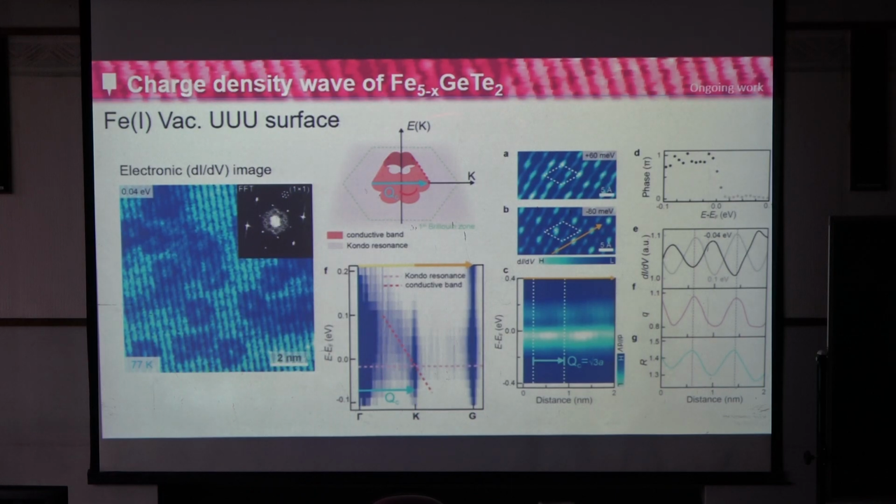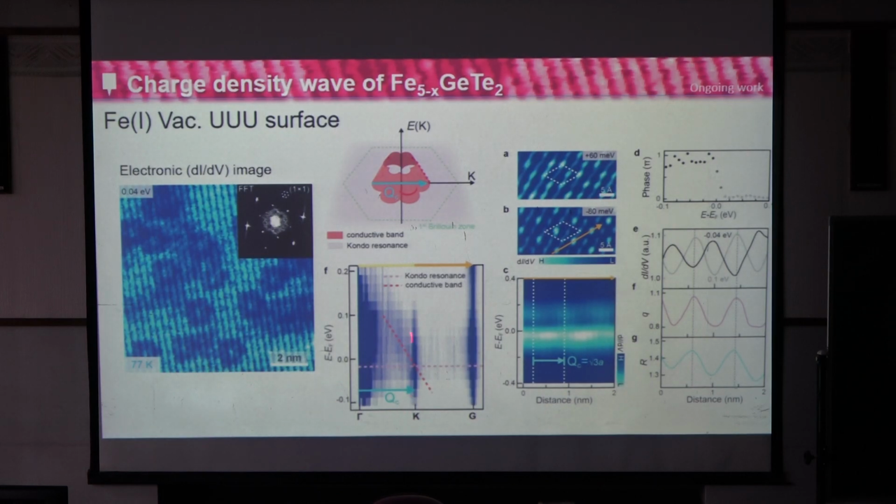because it's the Fourier transform information, so it's related to the electron band structure. So in this data, you can see the dispersion of the conduction band. And from the STS measurement, we can know the Kondo resonance state near the Fermi level.